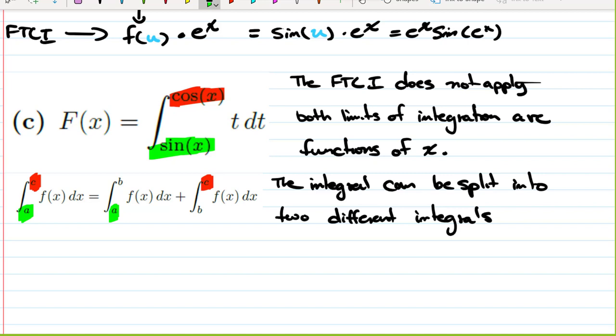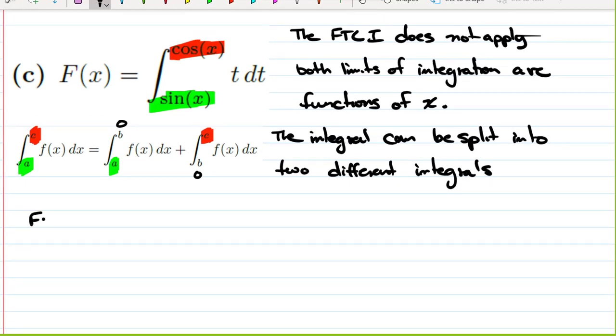So in our case, I'm going to use the number 0 for each of these. So then we can rewrite f of x as the integral from sine x to 0 of t dt plus the integral from 0 to cosine x of t dt.